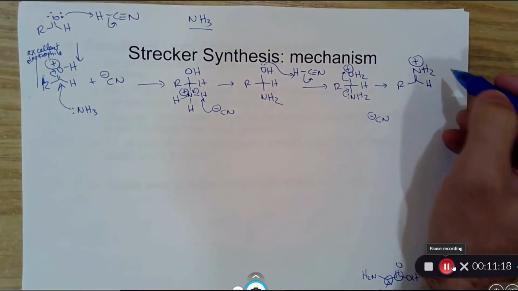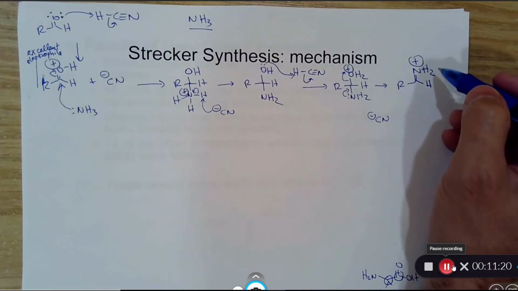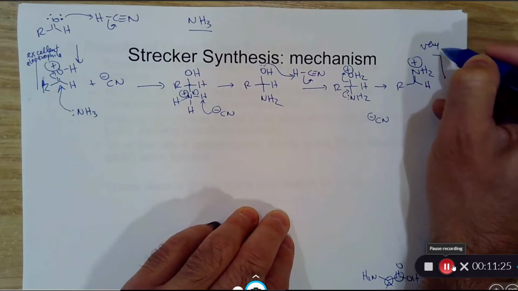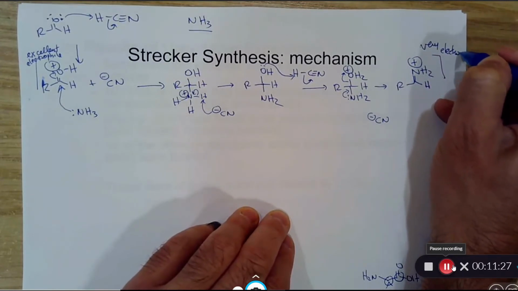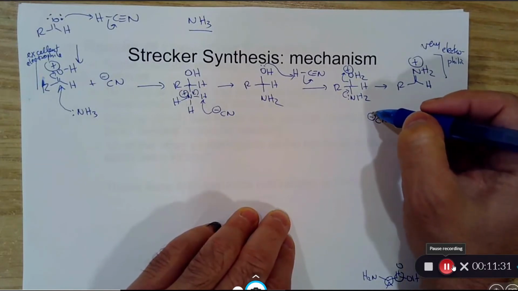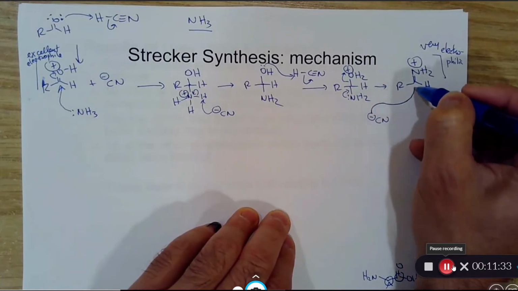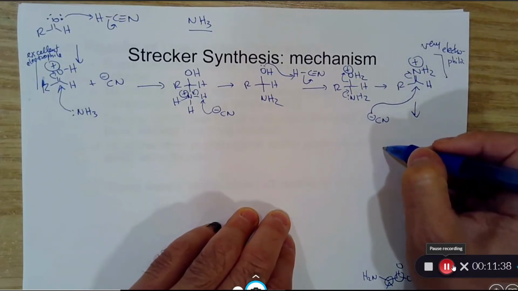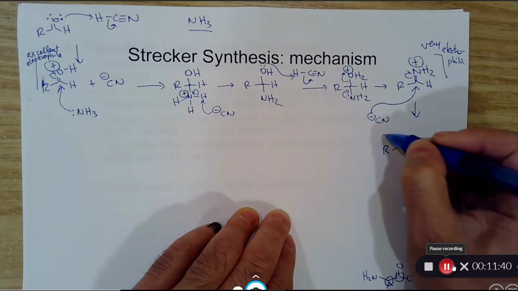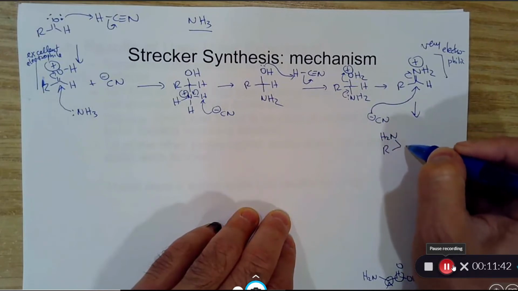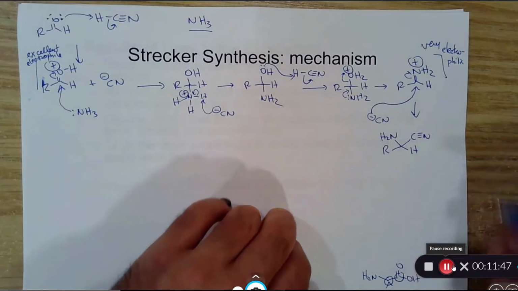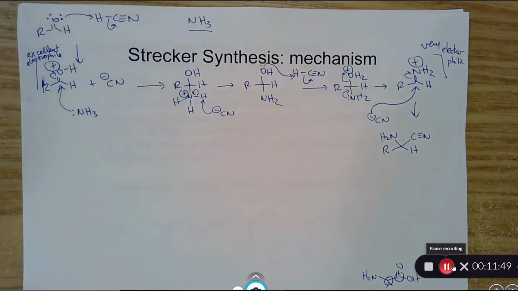And what we're going to have now is an iminium ion, which is now very, very electrophilic. So I'll just write that down, very electrophilic. And that means it is also seeking a nucleophile. And now at this stage, the cyanide anion can come and react like I'm showing you there.